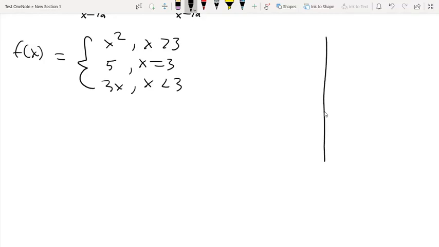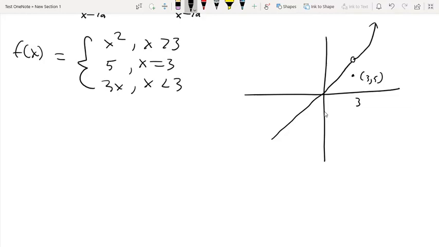So again, we have a similar looking graph here. We're going to have the x squared when x is greater than 3. But when x is actually equal to 3, it's going to be at 5. We're going to be having this value 3, 5 here. And then, of course, it'll look like this for any value less than 3. So we're going to have this piecewise function.